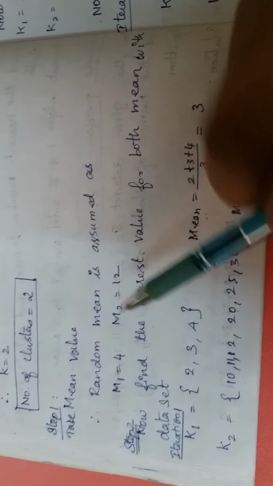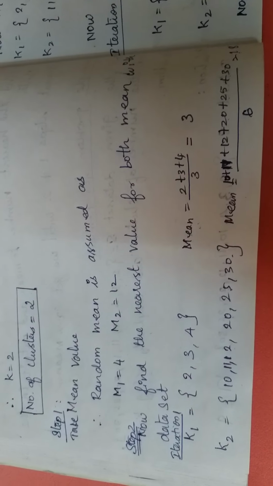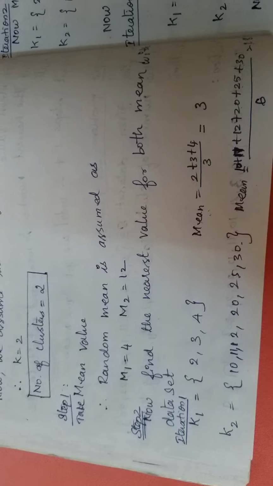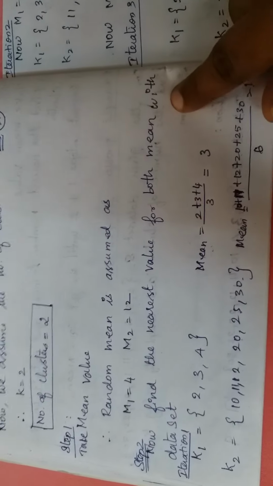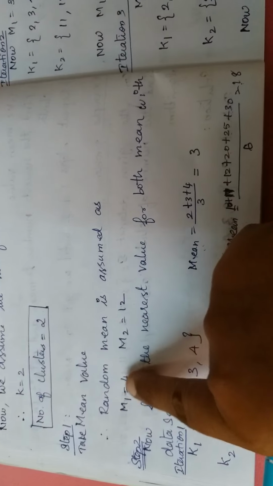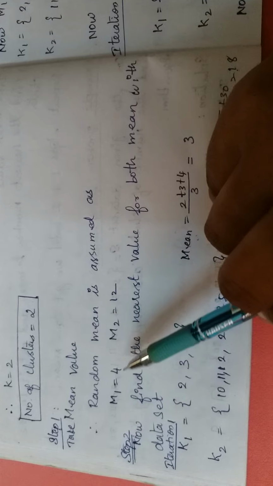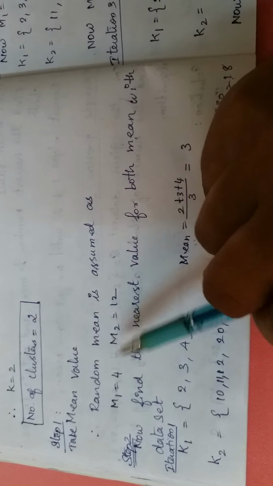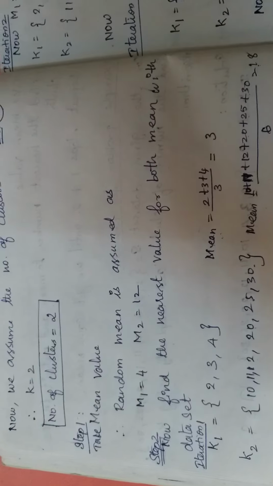We should not assume; the number must be present in your data set, that is 4 and 12. Now step 2, find the nearest value for both means with the data set. Now, mean 1 is 4 and mean 2 is 12. Now I am going to make the difference between these two means and the data set. Okay. So how to make it?